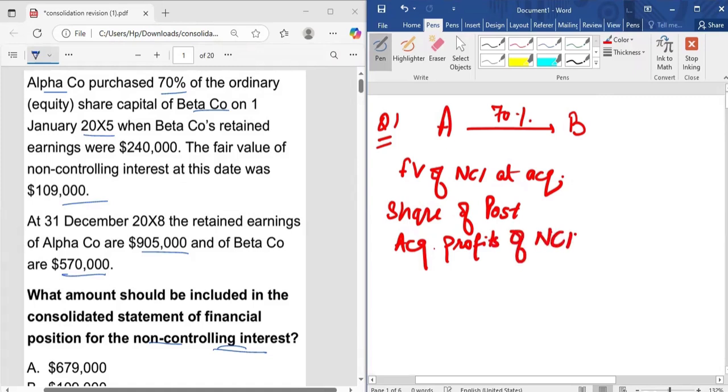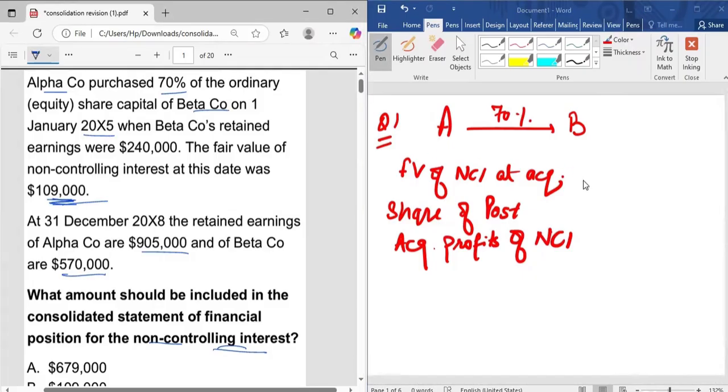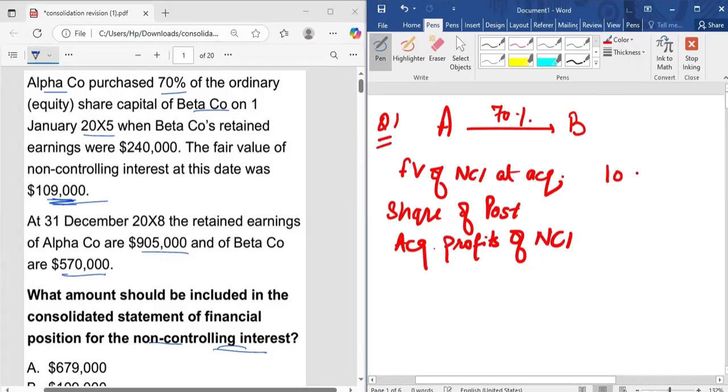So see, NCI is that portion of subsidiary which we do not own. Okay, we have purchased 70% of Beta. It means the remaining 30% is our NCI. Okay, because we don't own that part, right? So see, first in our formula we have fair value of NCI at acquisition. We are given it directly. See, 1,09,000. So here we'll write 1,09,000. Now we have to find share of post acquisition profits of NCI.